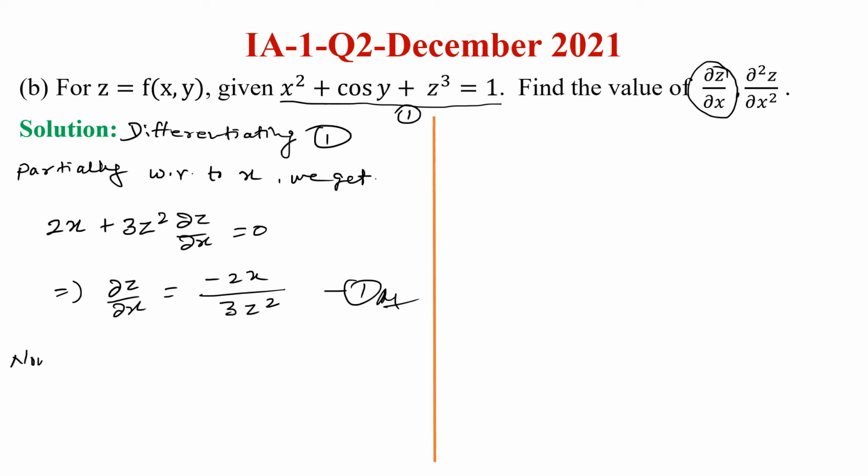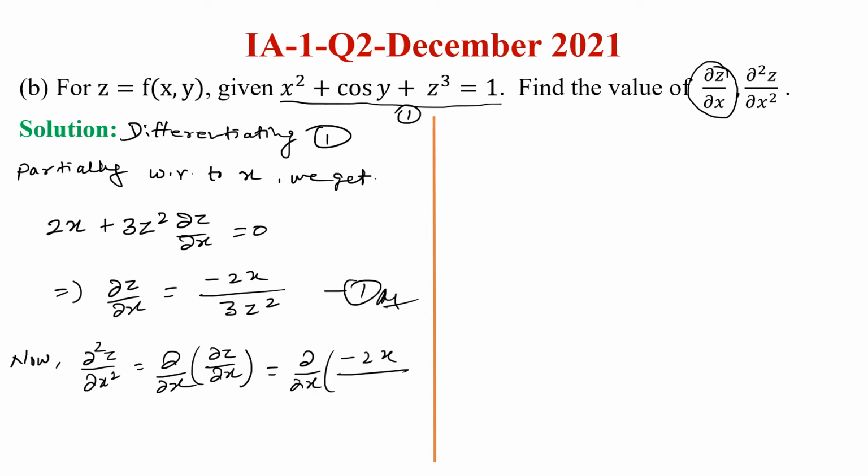Now we are talking about del 2z upon del x square. So del 2z upon del x square can be written as del by del x of del z by del x. So it can be written as del upon del x of minus 2x upon 3z square, which you can write as del upon del x of minus 2x into 1 upon 3z square.